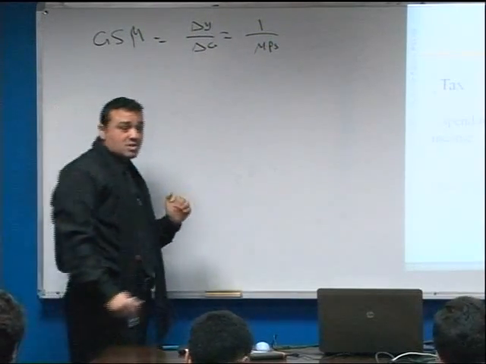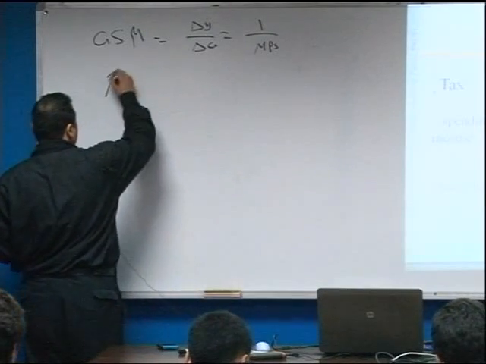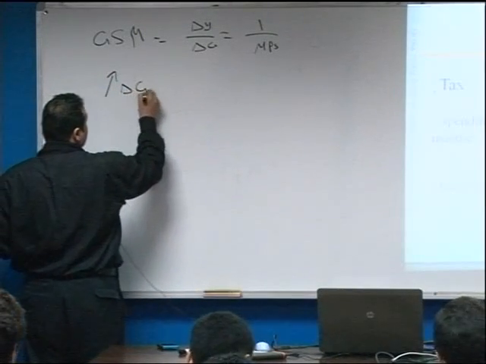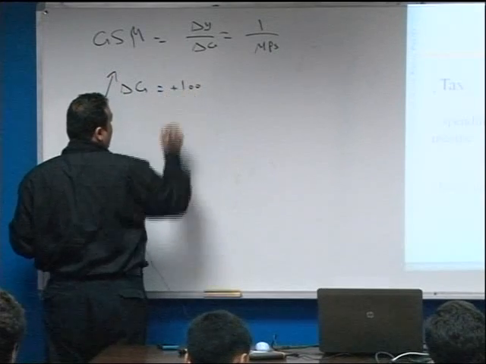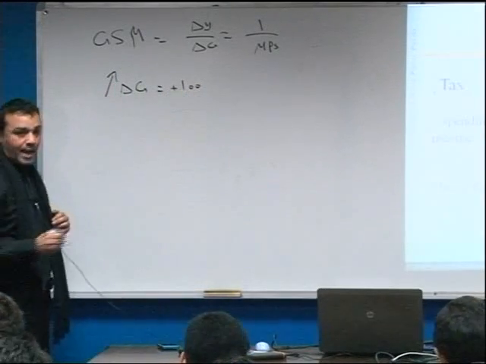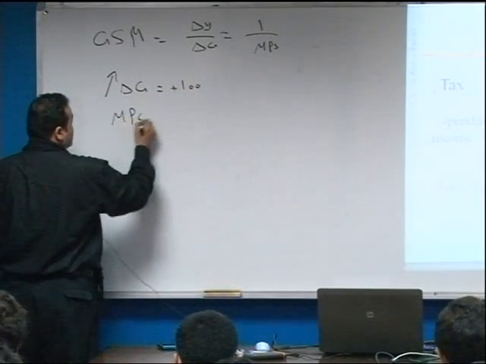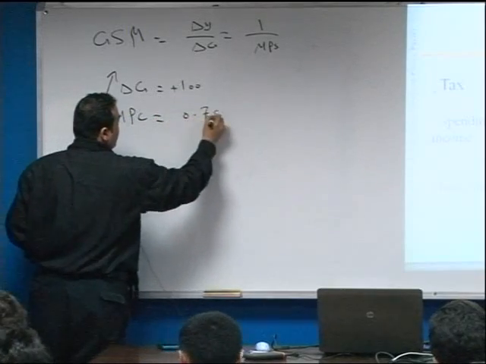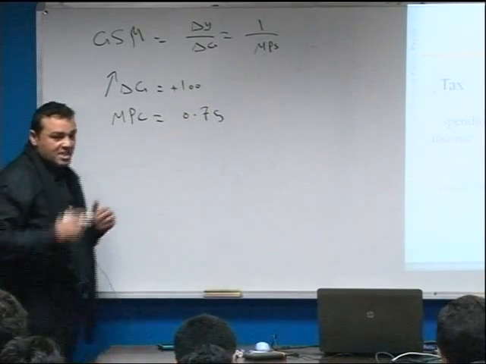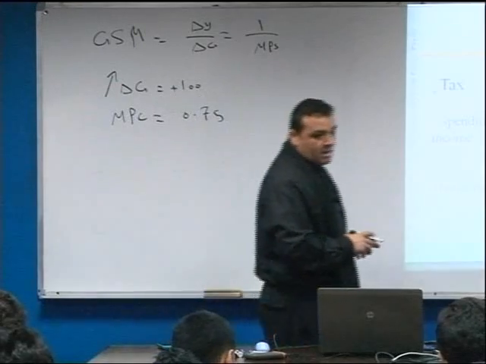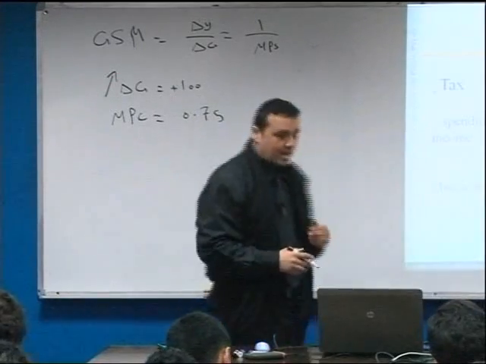So, suppose that the government decided to increase its spending by $100 million, right? And the MPC was 0.75. Calculate the change in the aggregate income or the aggregate output.